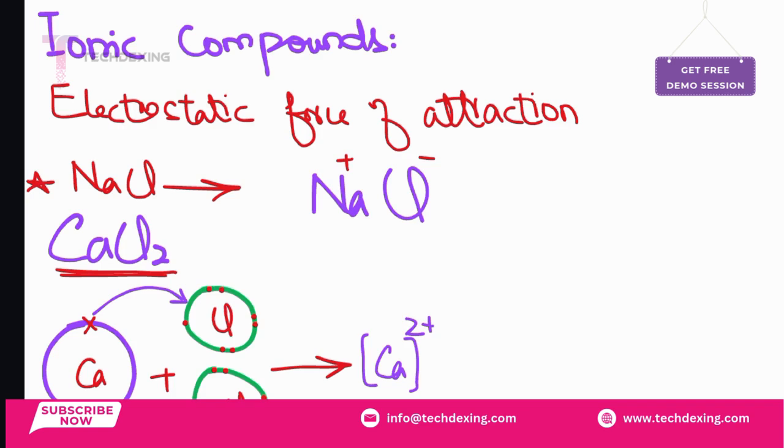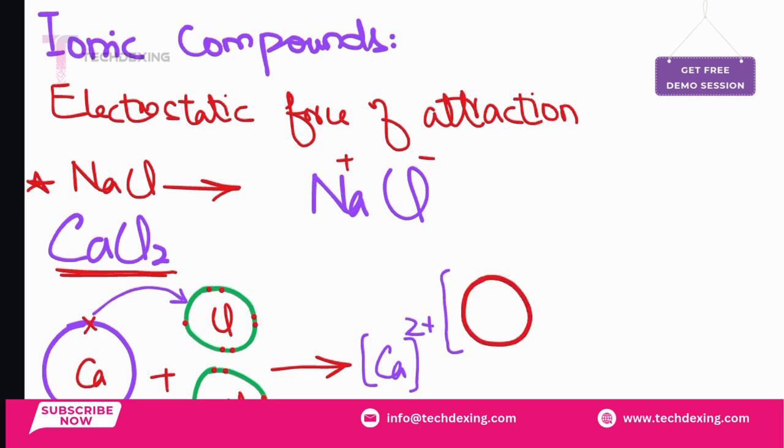Positive. So keep in mind that whenever an atom loses an electron, it gains positive charge, and whenever an atom gains an electron, it bears negative charge. So 2 plus charge. Okay.